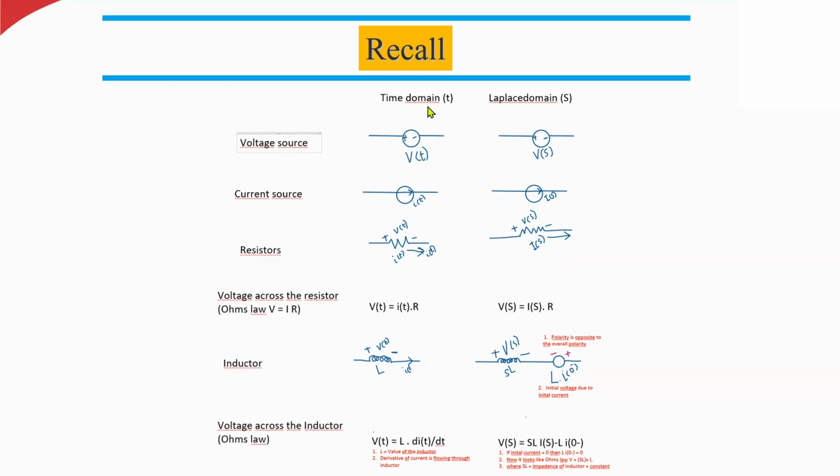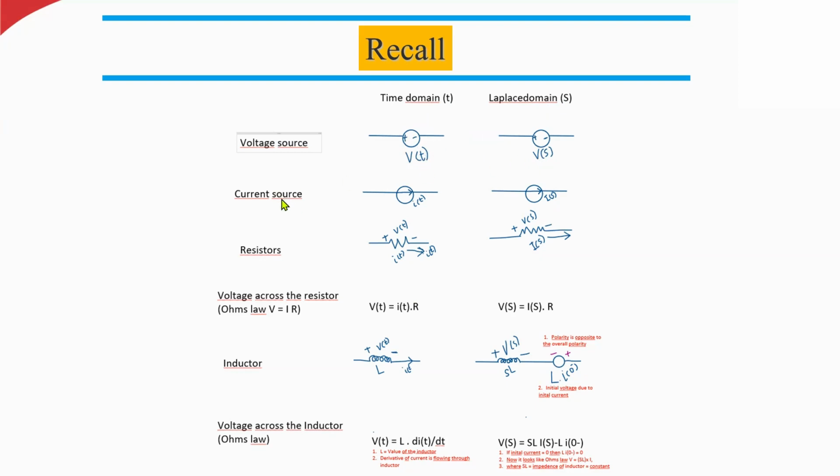If you want to convert this into the Laplace domain or S domain, you have to write it in a different way. This is a small v of t, and here it is capital V of s. The same voltage we represent in the S domain by this notation, capital V of s.